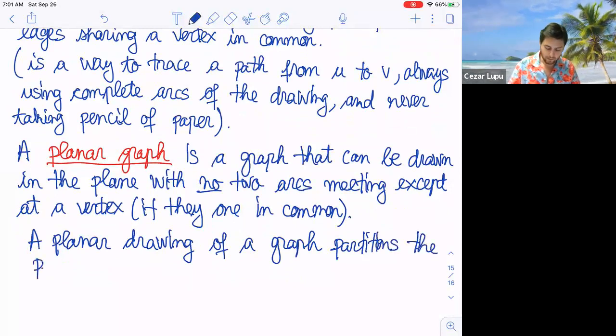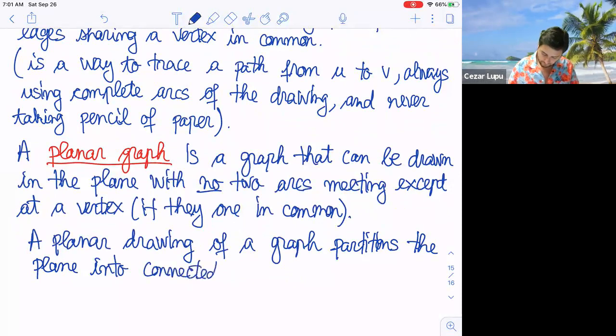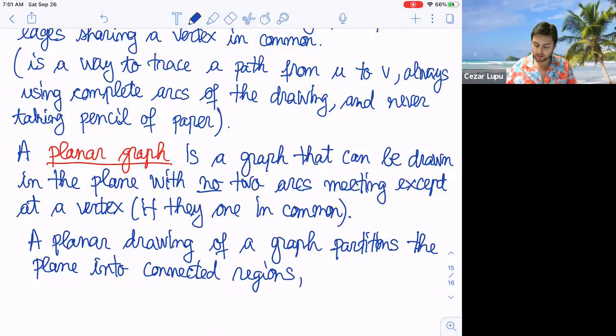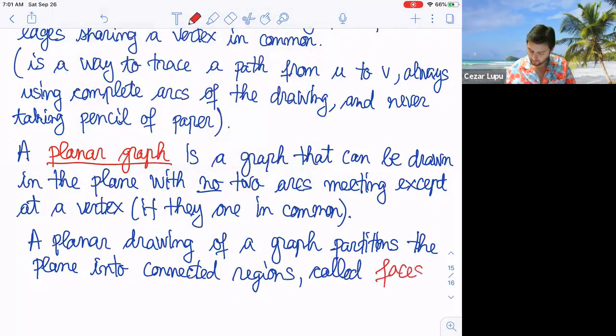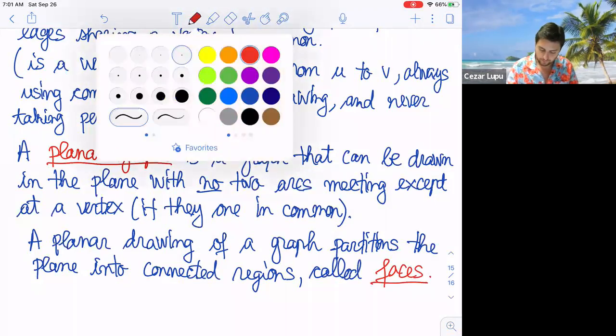It will partition the plane in the following way, into connected regions. And we call these connected regions faces. Okay.